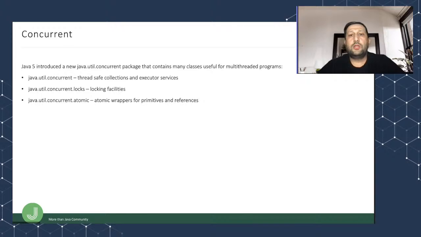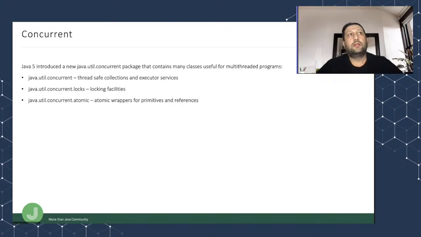When working with threads in Java, it's easier to use these concurrent utilities because they are really easy to use, and they increase reliability because they are really better tested.